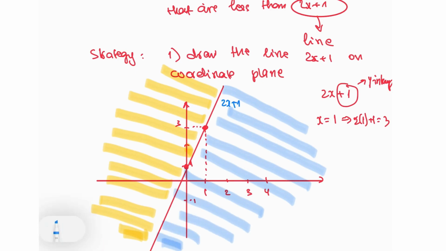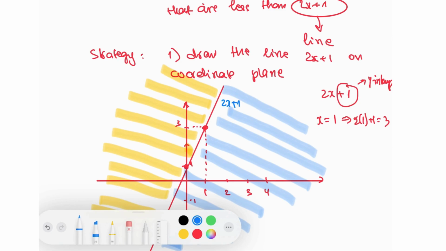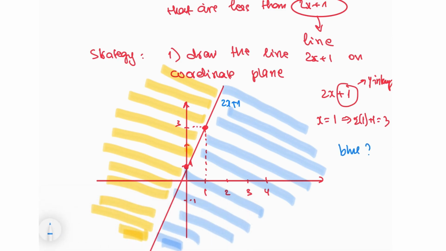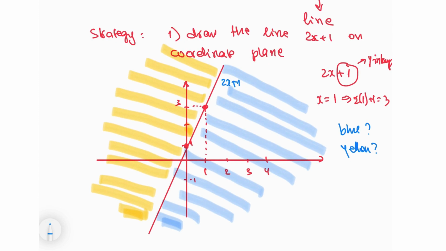Now the question is, which one contains the set, blue or yellow? The easiest way to solve that is to choose one point from each and see whether it satisfies the inequality.